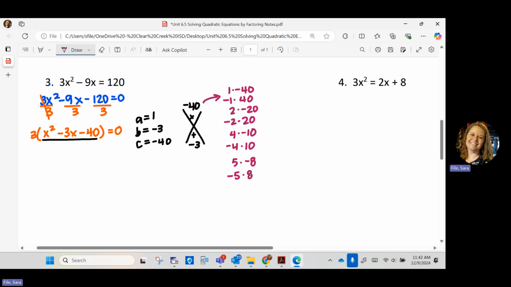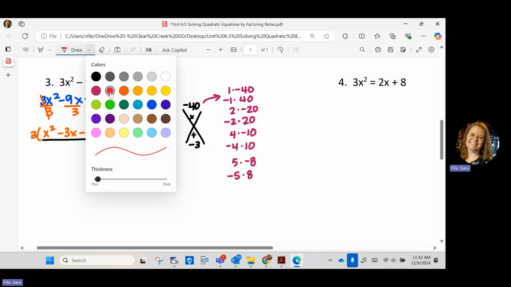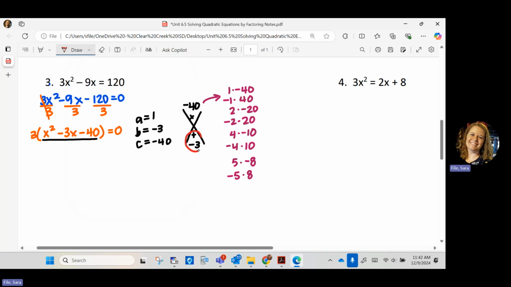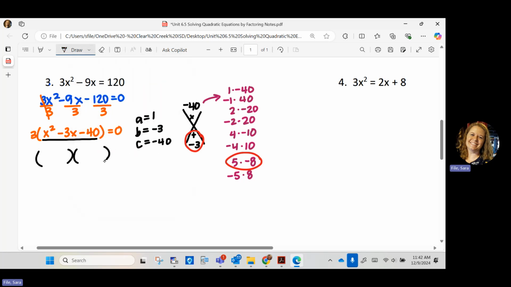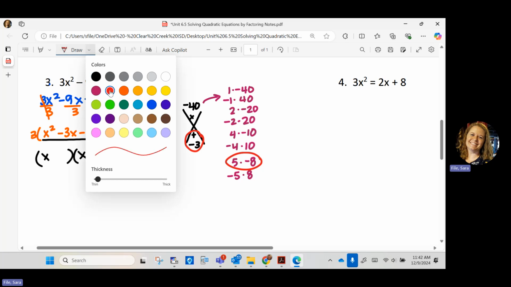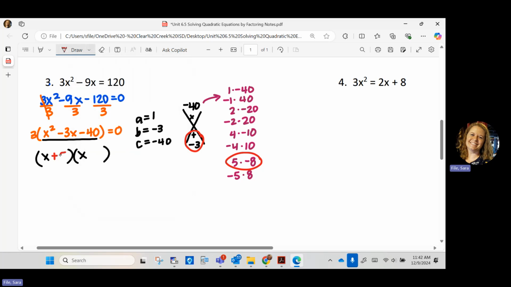And that's it right there. It's the 8 and the 5 that would combine. We want them to add to -3. 5 and -8 would add to -3. So when I factor the trinomial, the two numbers that I just came up with are +5 and -8.